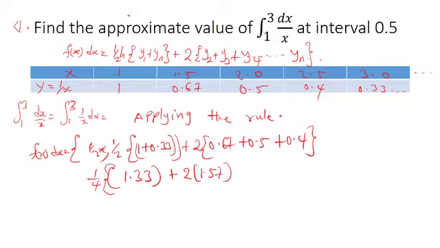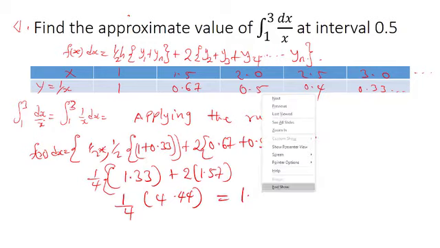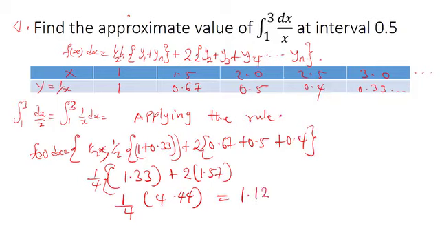So this is now equivalent to 1 over 4. This times this will give you 4.44. So our final answer becomes 1.12. So the approximate value of this integral at this interval is equal to 1.12.